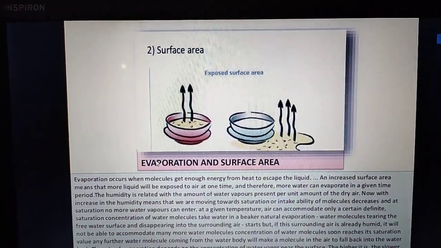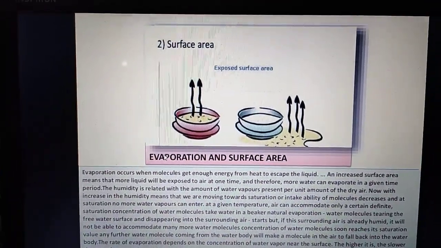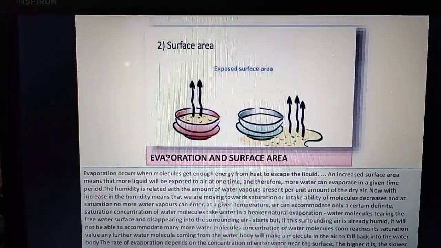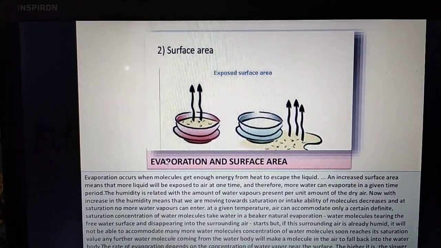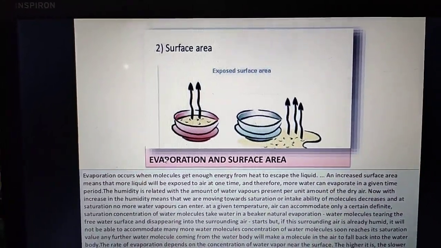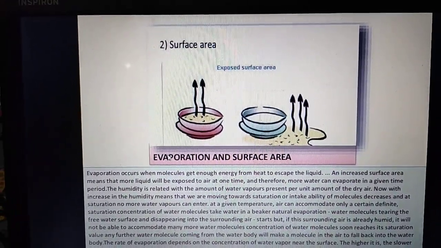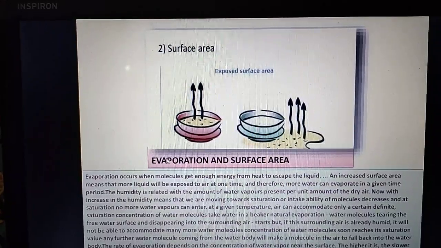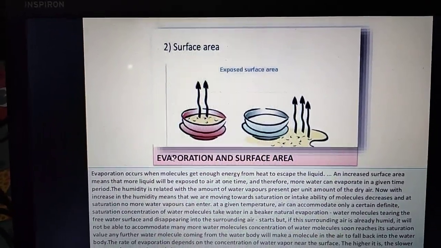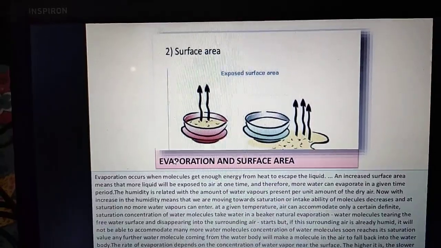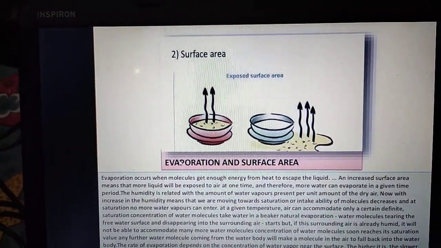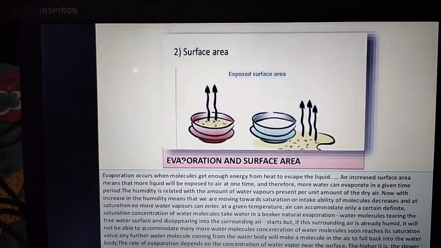If you raise the temperature, evaporation increases. Second, if you increase the surface area of the liquid, evaporation increases. Third, if the dryness of the air increases, evaporation increases. And the fourth one, movement of air helps evaporation.